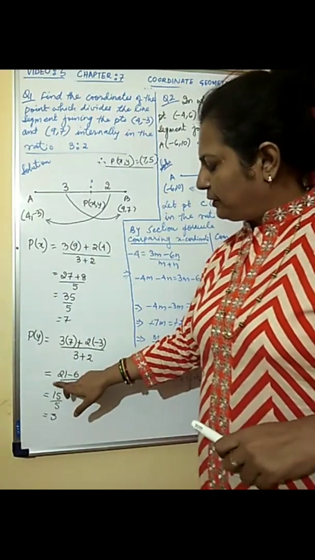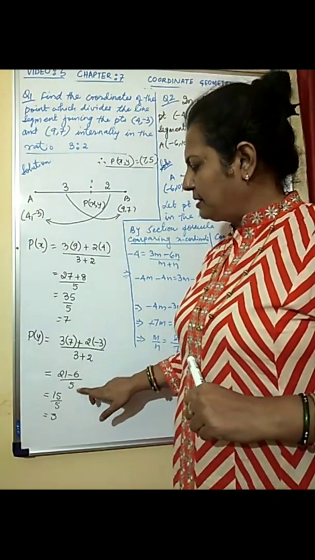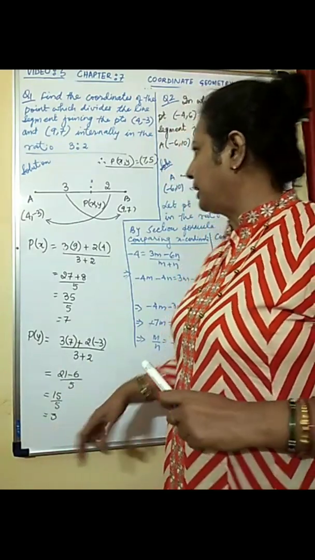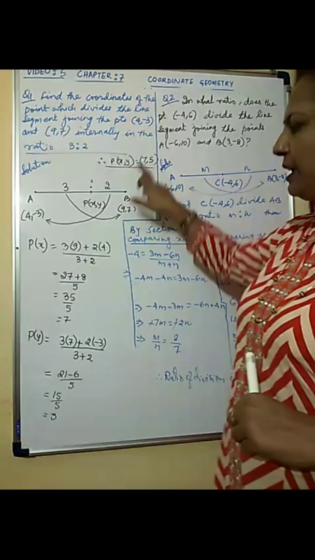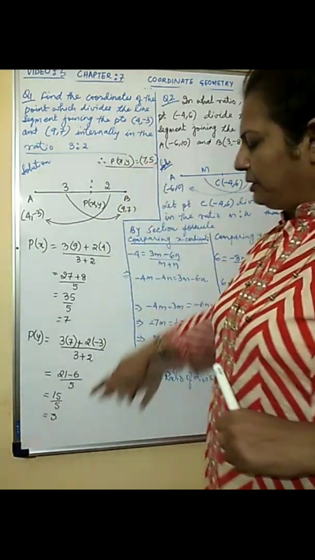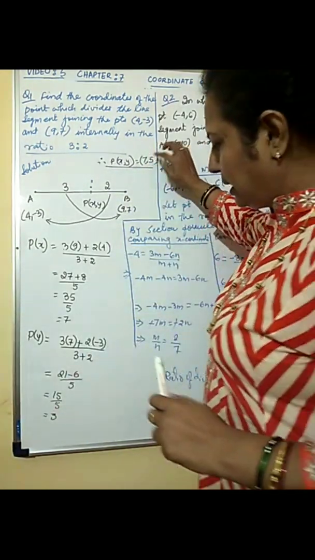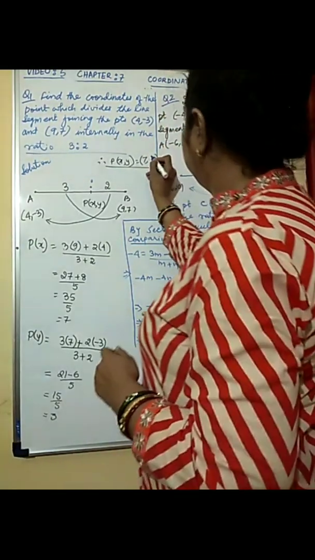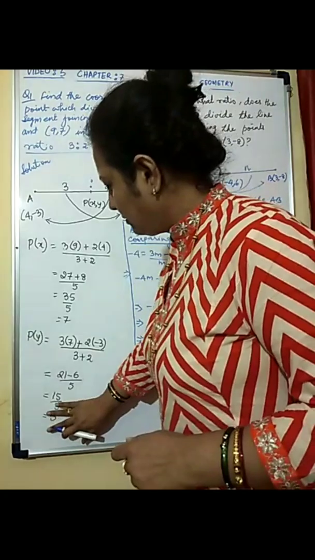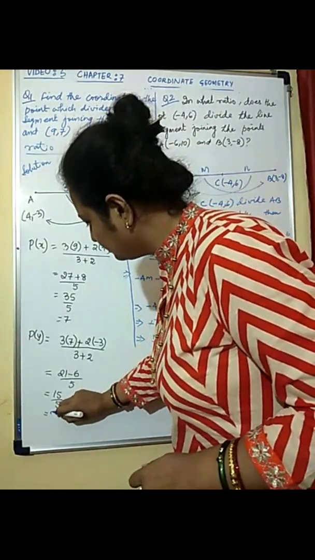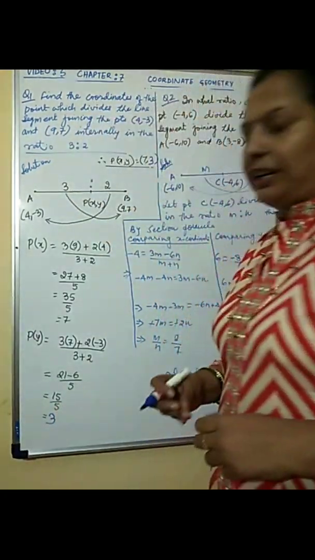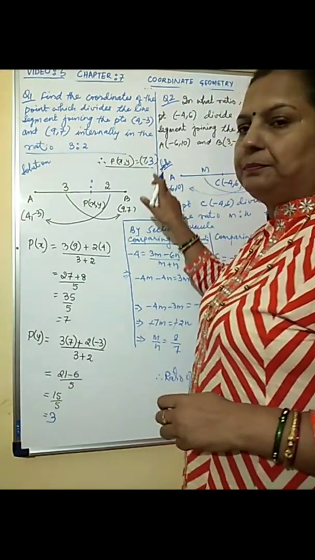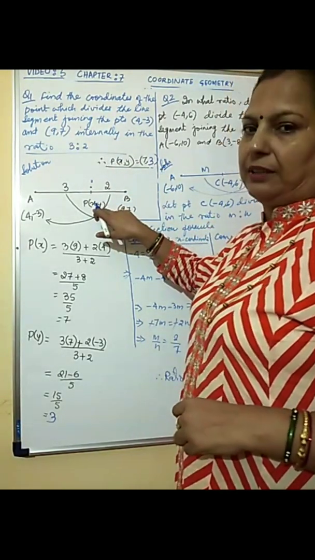So we get 21 minus 6 divided by 5, which is 15 by 5, which is 3. Therefore, the point P(x, y) has x coordinate 7 and y coordinate 3. So P is (7, 3). This is the point of division.